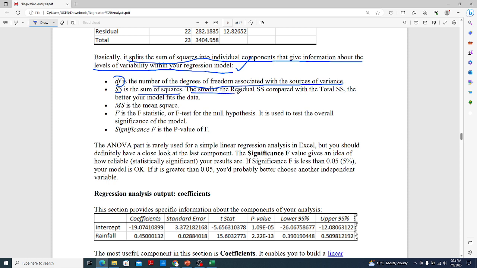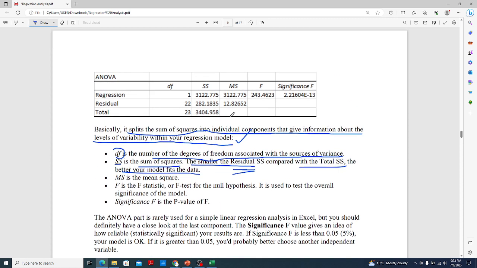Remember, I also said this: the smaller the residual compared to the total sum of squares, the better your model fits the data.